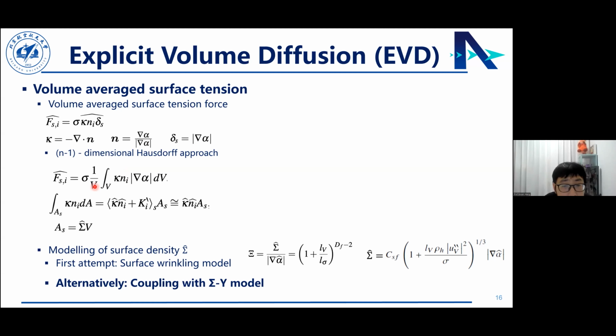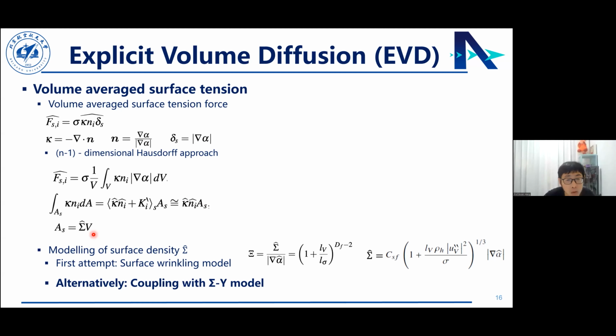We will have the volume-averaged, resolved curvature, the resolved direction, times the total area of the interface. But we cannot forget the total area. The interface is wrinkled, and the total area can be modeled by the surface density times the volume. Surface density times a volume gives the total area of the wrinkled interface.